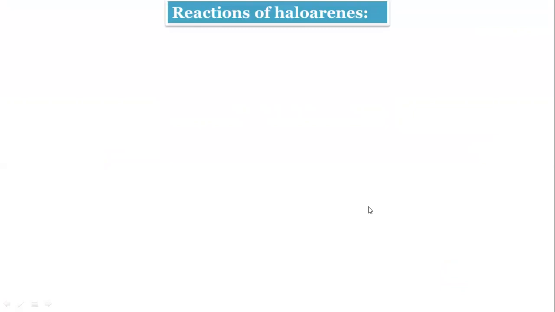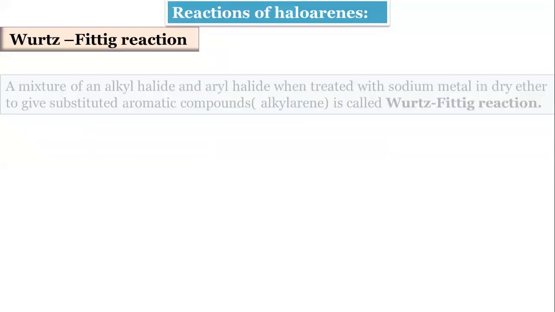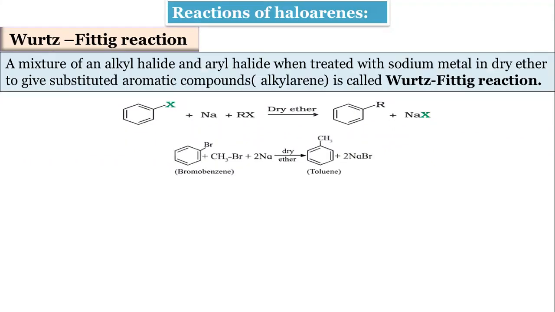Then the reactions with haloarenes. Before this, you learn about the reactions of haloalkanes. Now the reactions with arenes, meaning aromatic compounds: the Wurtz Fittig reaction. Wurtz reaction is different and Wurtz Fittig reaction is different. Come to the example, then you will clearly understand.